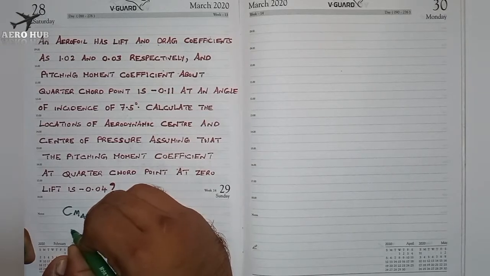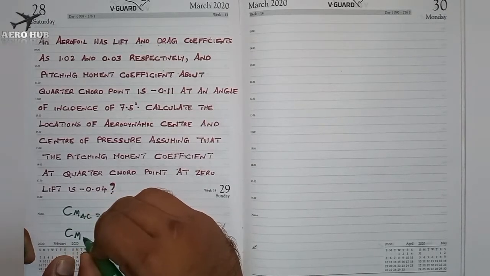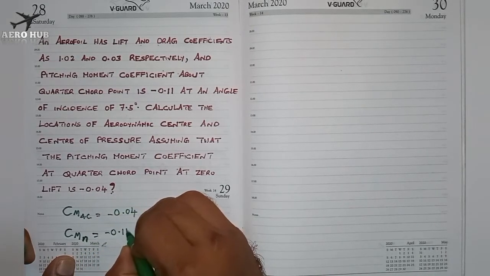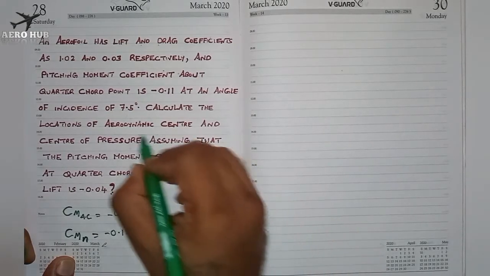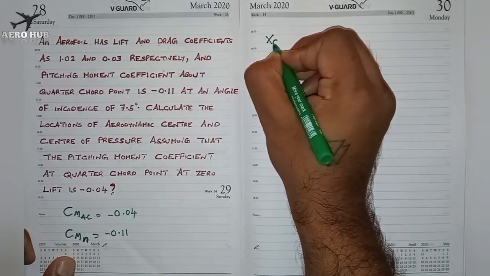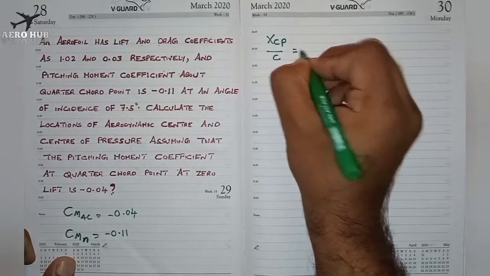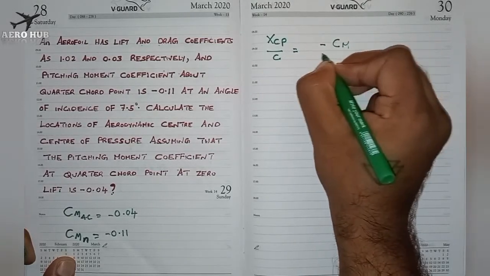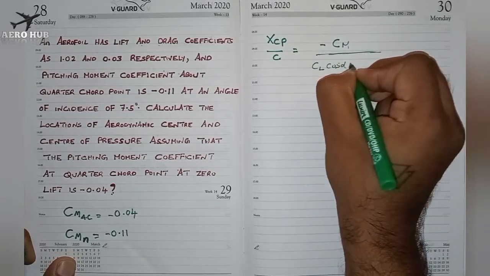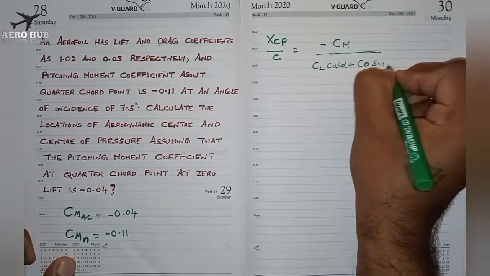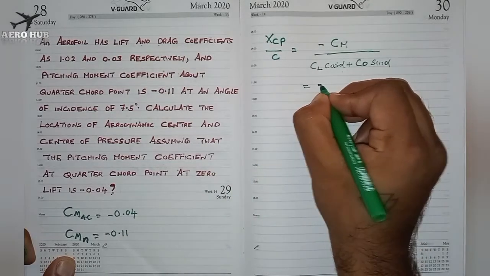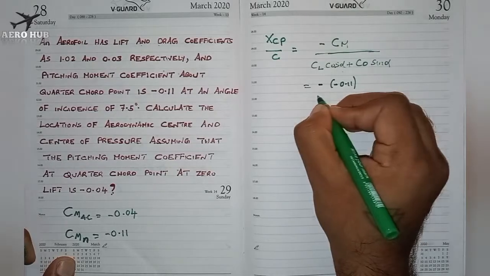So I'll be writing this as CMN, where N is nothing but the position. Okay, minus 0.11. Okay, now they are asking to find out the location of aerodynamic center and center of pressure. For center of pressure we are using the same formula, XCP by C is equal to minus CM divided by CL cos alpha plus CD sin alpha. Okay, so if you substitute the value of CM here, it will be minus of minus 0.11 divided by CL.